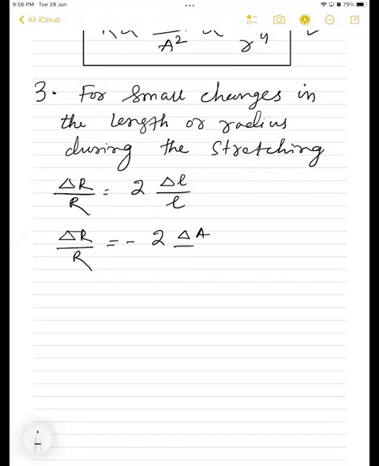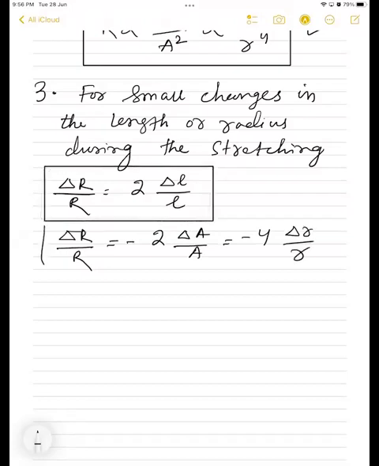If we write with radius, then delta A by A is minus 4 times delta R by R. You'll be getting all those things in the questions. Just keep in mind the synopsis, right? I'll do numericals on that.